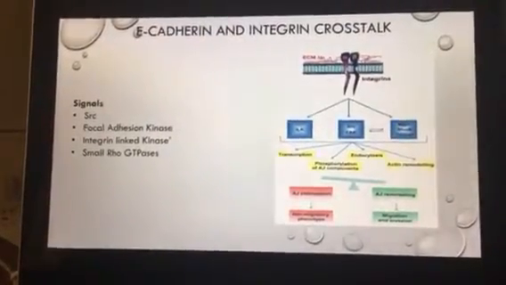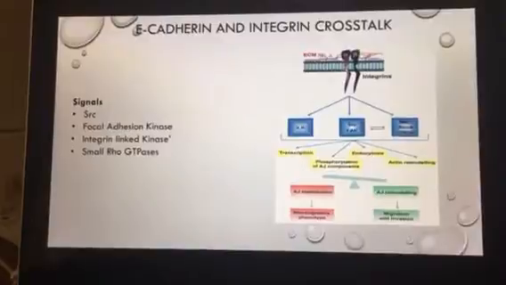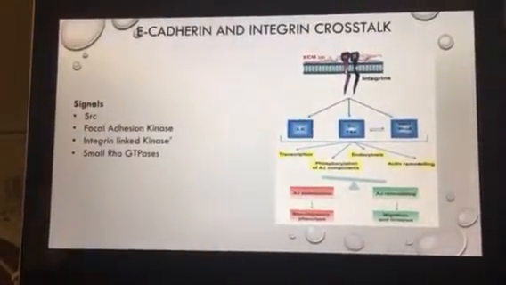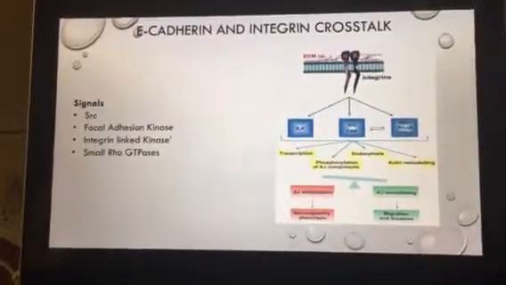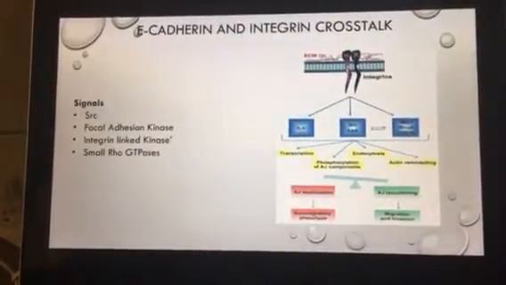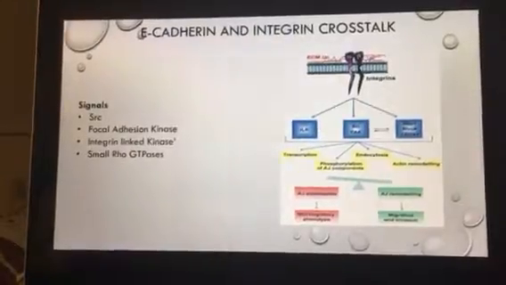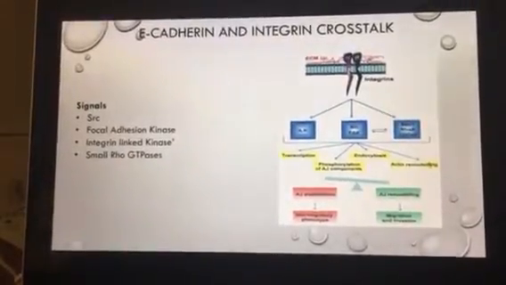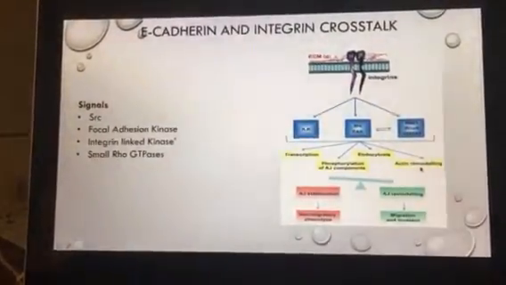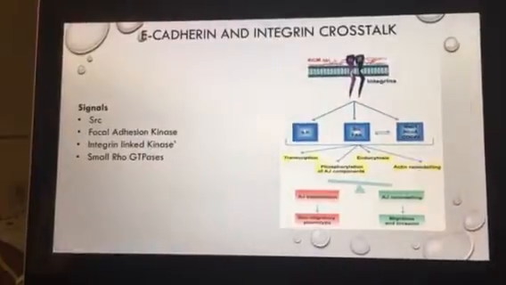For example, SRC is able to inactivate RhoA integrin activation, whereas the GTPase family can regulate the intracellular targeting of SRC. As you can see here, these are the downstream signal networks for the integrin: transcription, actin remodeling, and so on.